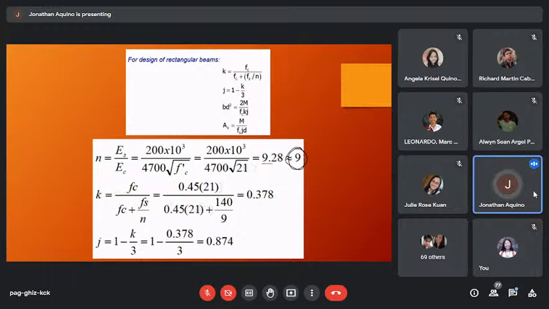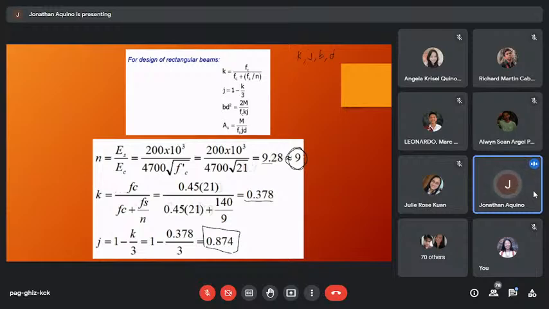This will give a value of K of 0.378. And for J, we can solve for J, which is equal to 0.874.